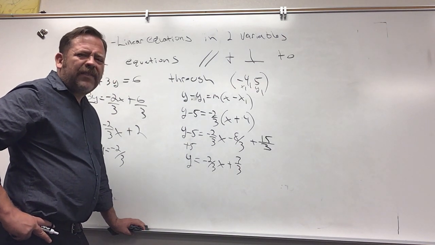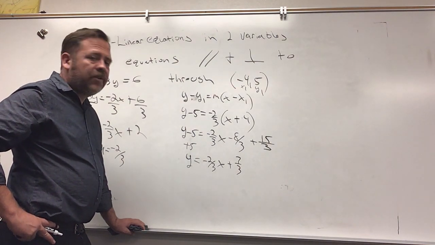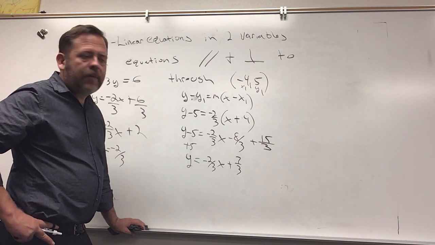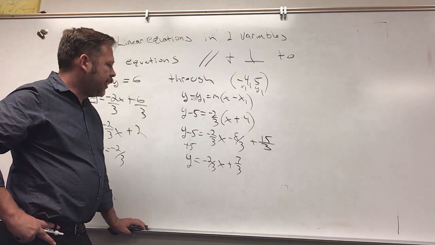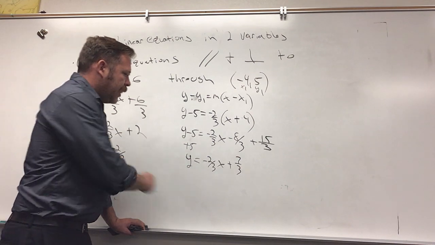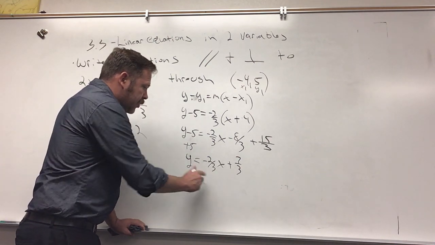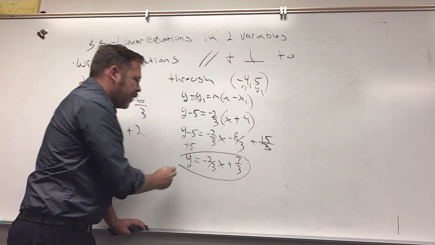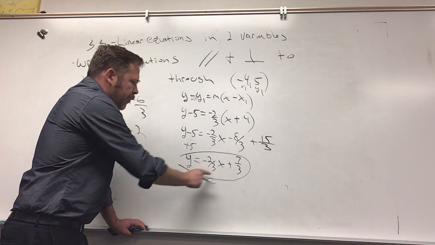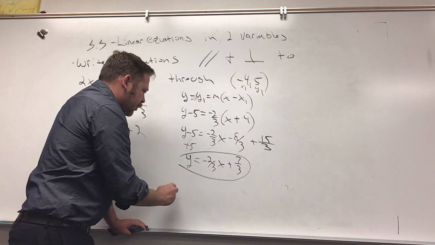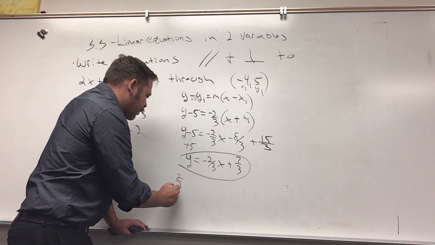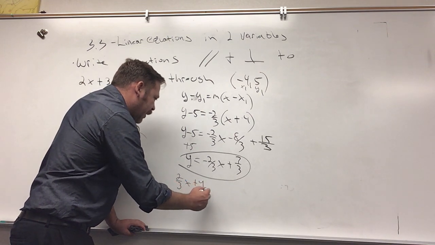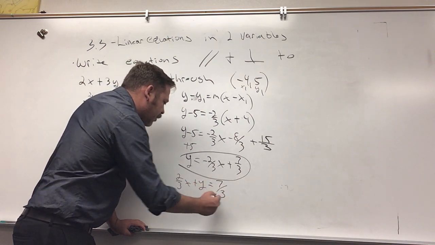But we're also going to have to write this equation in standard form too. We want to get familiar with writing them in both forms. So to get it in standard form, I'm going to add the 2/3 x over. So this is my slope-intercept form. That's great. But now I'm going to add the 2/3 x over so that I would get 2/3 x plus y equals 7/3.